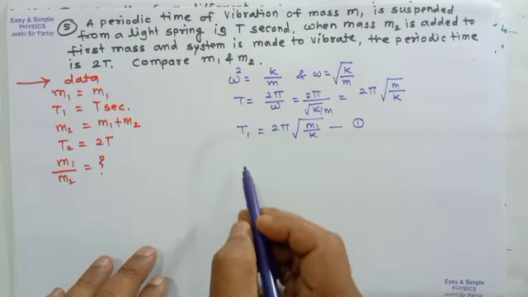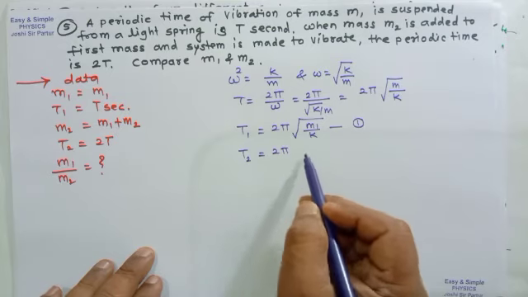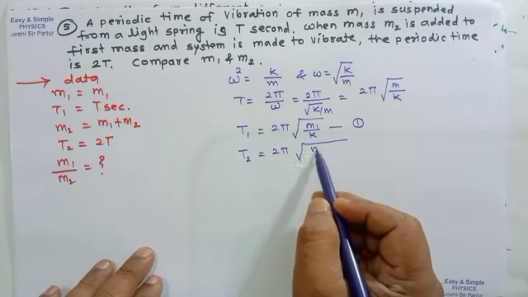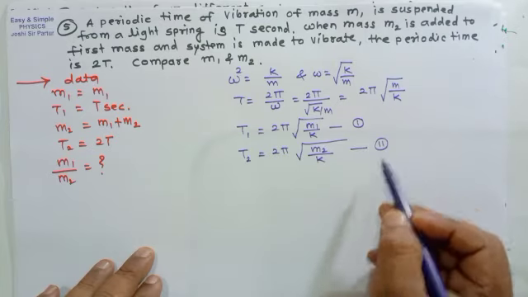For the second, it will be T2 is equal to 2π square root of m2 upon k. That will be the second.